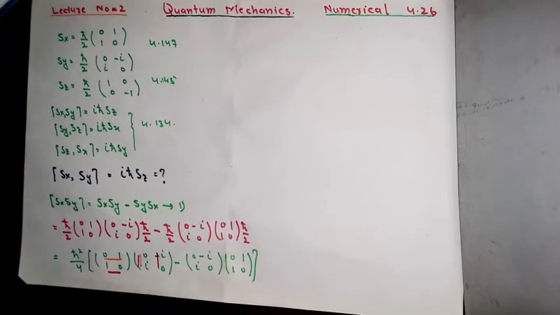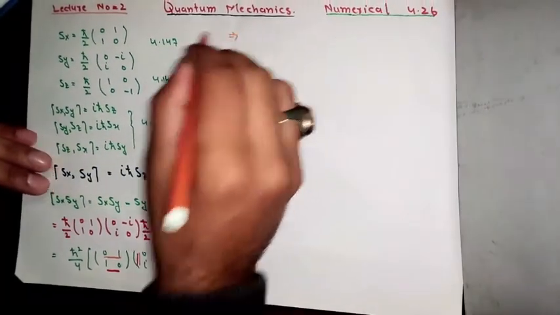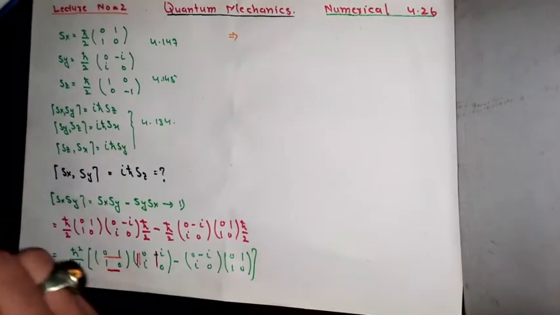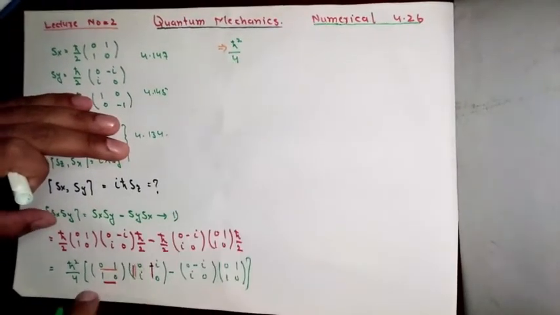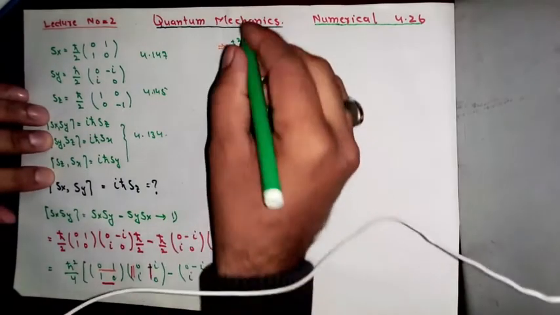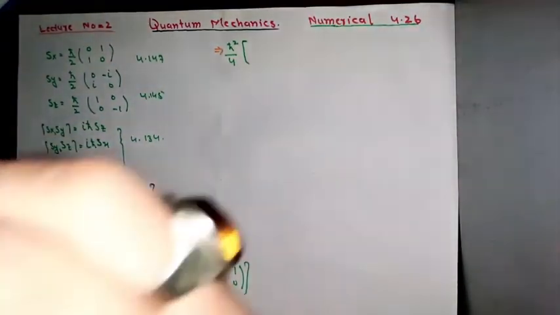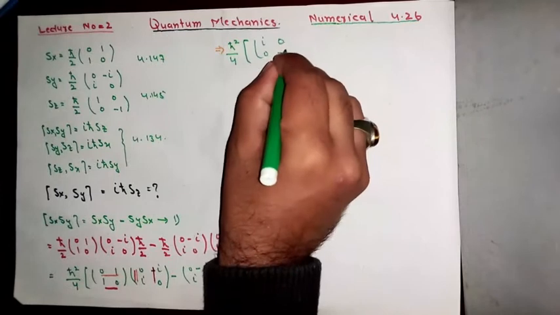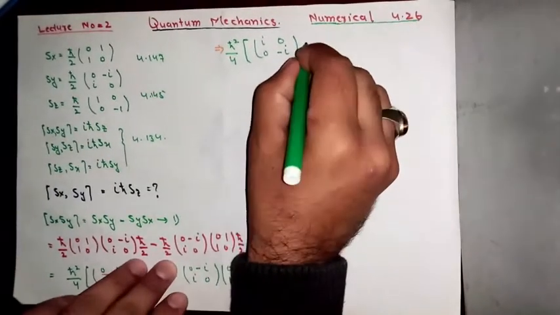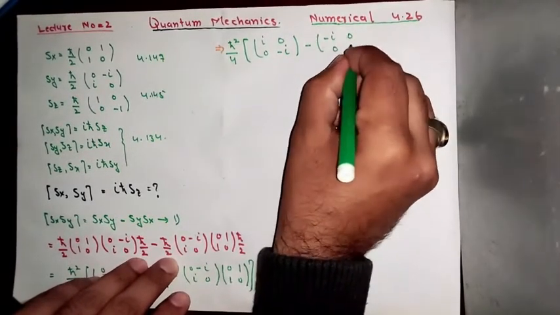So we have to multiply this, and I get the result h bar square over 4 times [i 0; 0 minus i] from the first product, and from the second product, [minus i 0; 0 i].